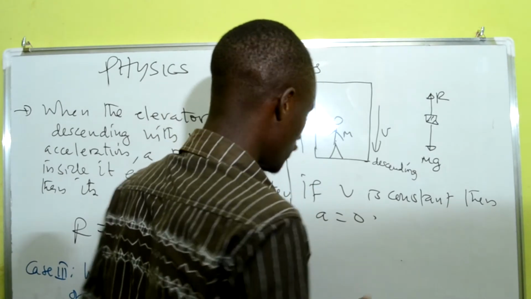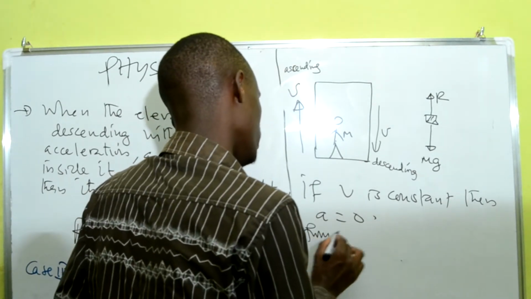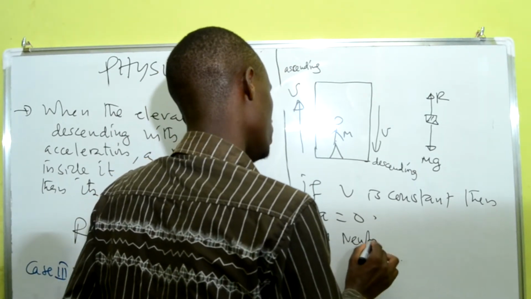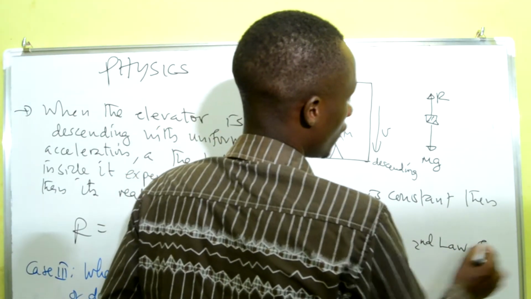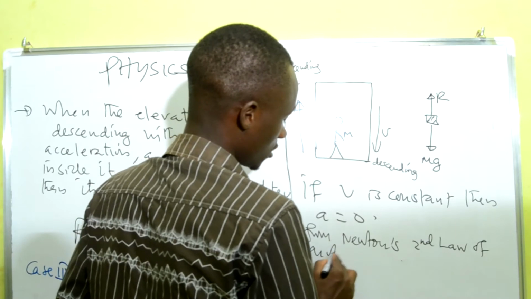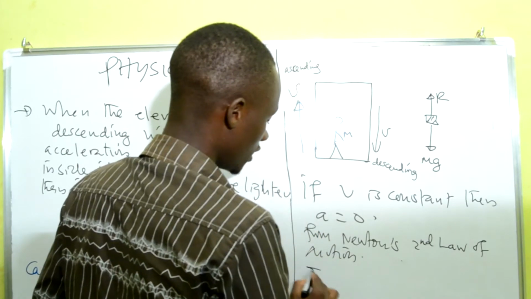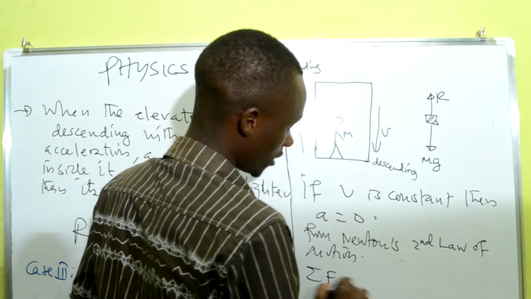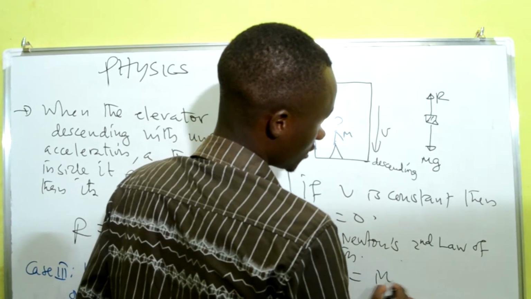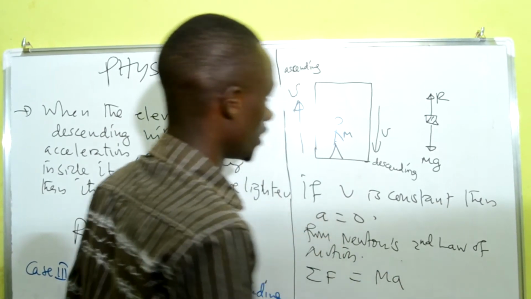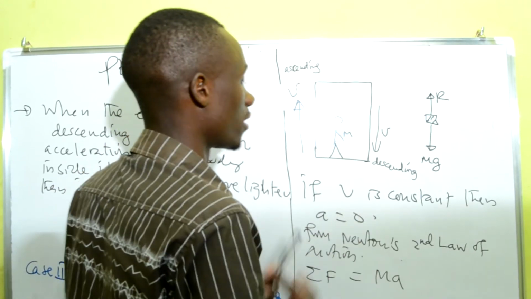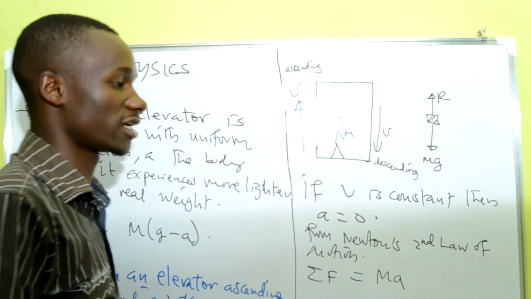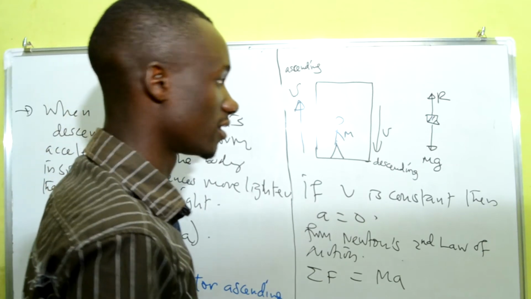From Newton's second law of motion, we say the net force acting on a body is equal to mass times acceleration a. Now, if we consider any case, either for ascending or descending, the expression will be the same.